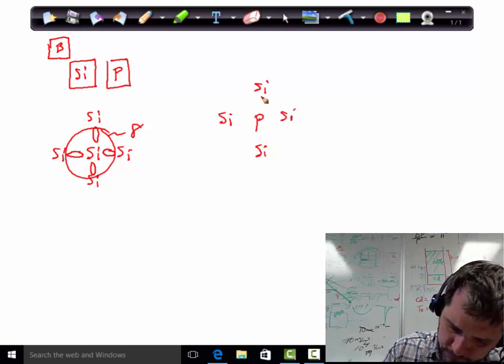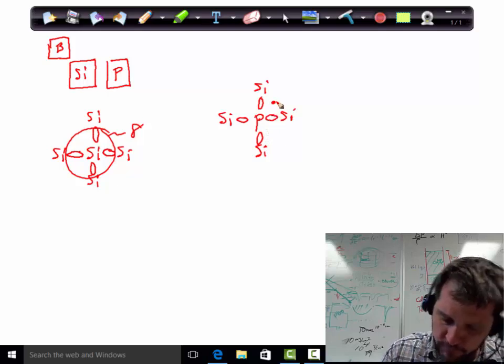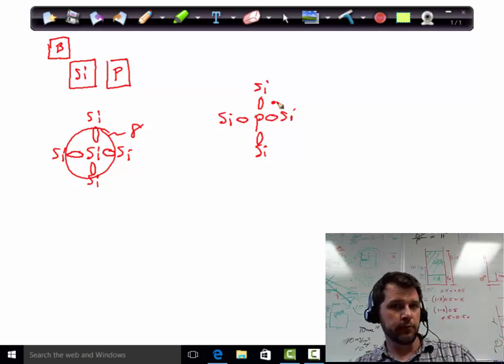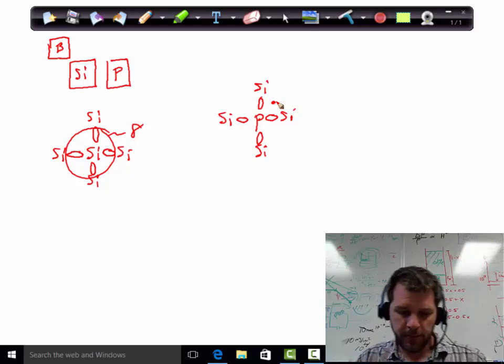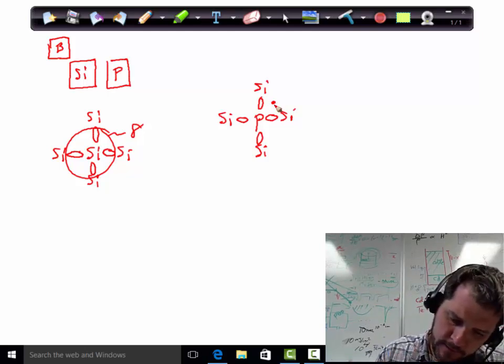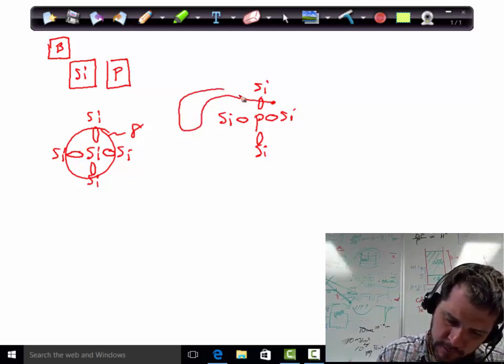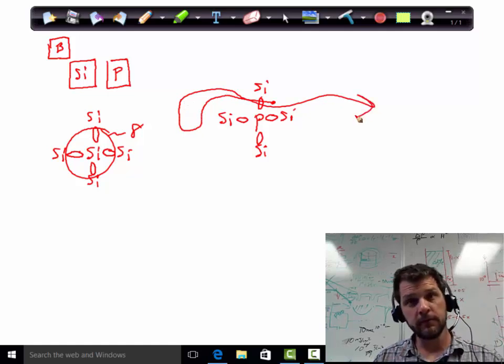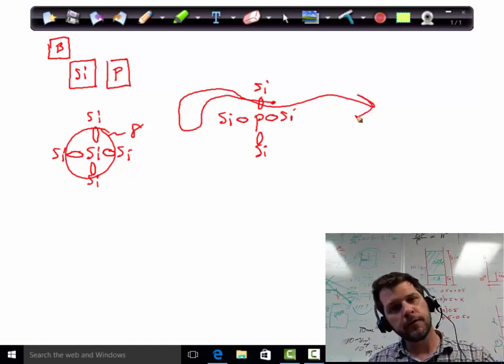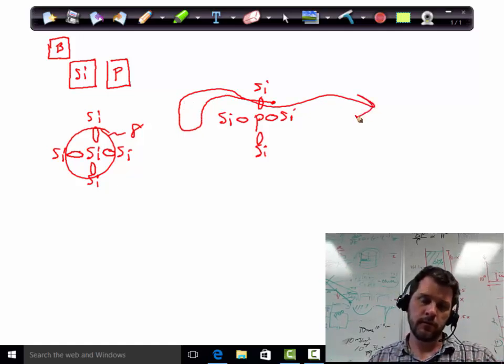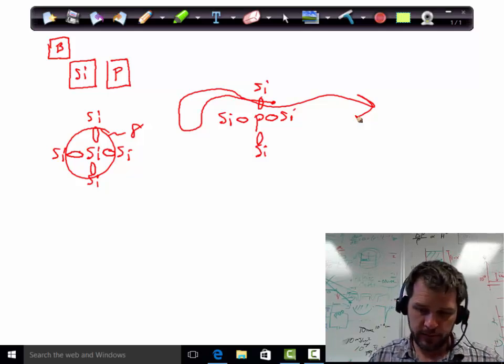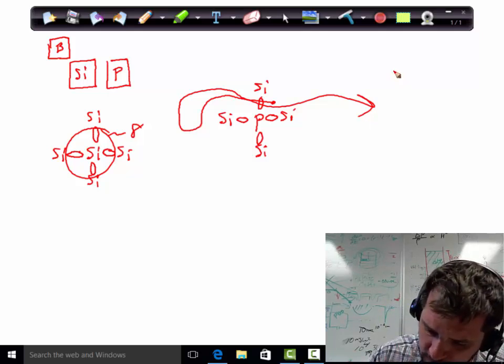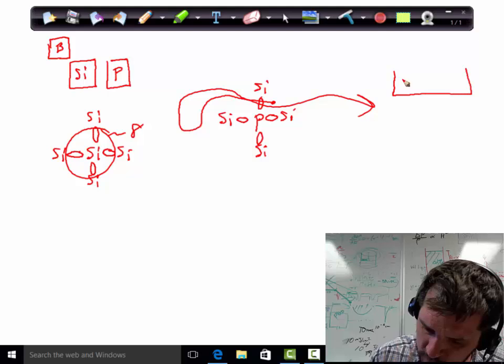So we've got all these bonding electrons satisfied, but then we've also got one more, because the phosphorus brought with it this one extra electron. And this extra electron is free to roam around in the crystal and conduct electricity, meaning when you apply a voltage or an E field, that electron can move around, and we call it a free electron. That means it actually resides in the conduction band.